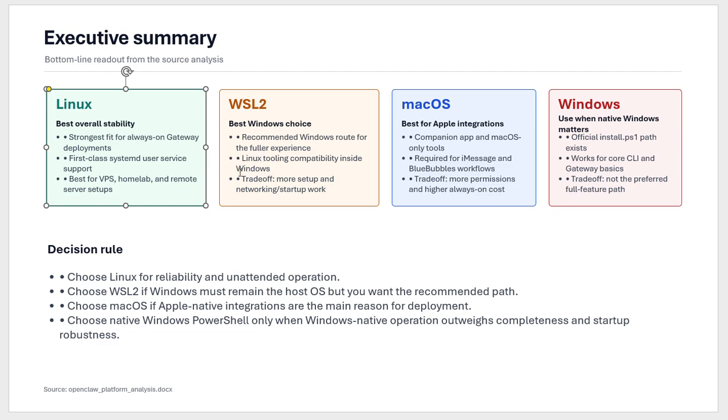Because if you have Windows, you cannot get away with this in a single machine, and you also want to have the experience of Linux, then this is your path. The trade-off is more setup, because you're gonna install WSL2, then Ubuntu, and then OpenClaw.